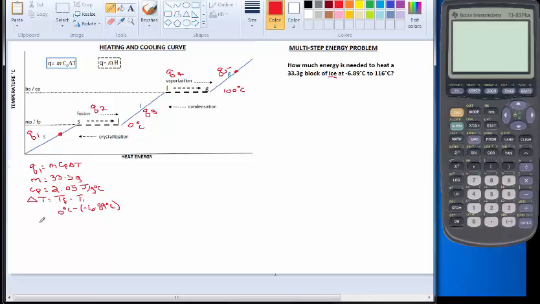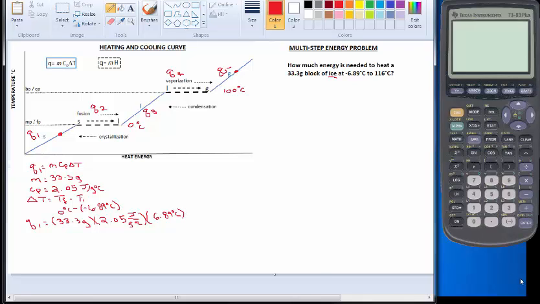If we plug this information into our equation, we have Q1 is equal to 33.3 grams times our specific heat of ice, which is 2.05 joules per gram degree Celsius, and our change in temperature is 6.89 degrees Celsius.